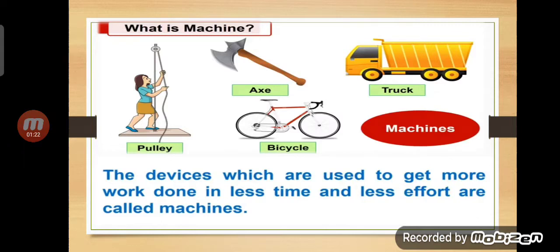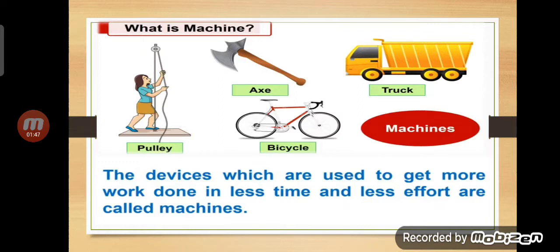In the picture, certain devices are shown which we use in our day-to-day life. Do these devices help us to perform any kind of work? Yes. Using all these devices, we can perform our work in less time and with less effort.